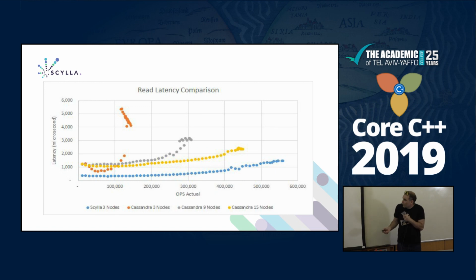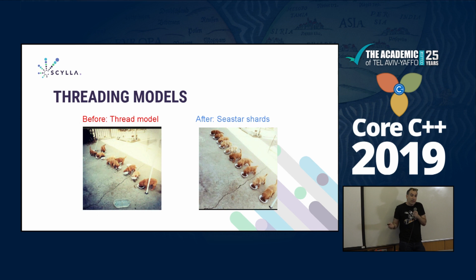So this is another way to look at threading in traditional applications. In a traditional application, you have a bunch of threads, and those threads are multiplexed onto a number of cores that the machine has. And you have a sort of dilemma. If you have a very large number of threads, then the kernel has to switch those threads in and out so that each of them will get CPU time on a core.